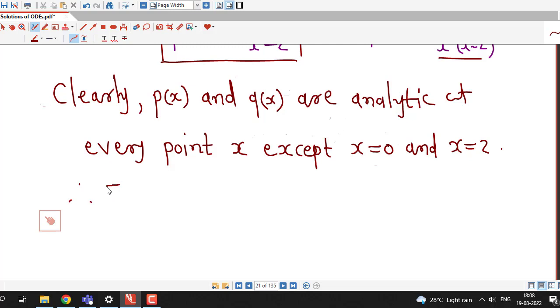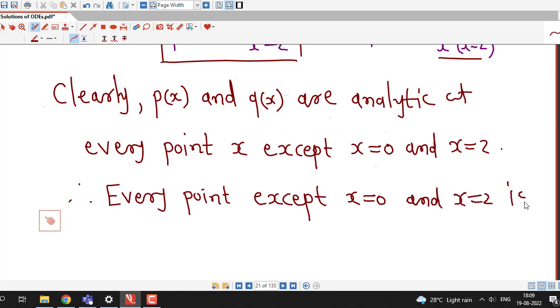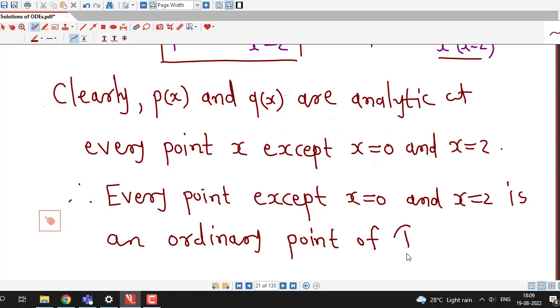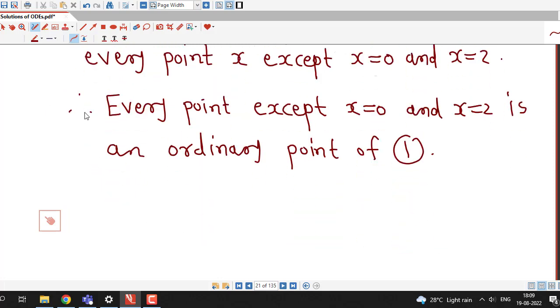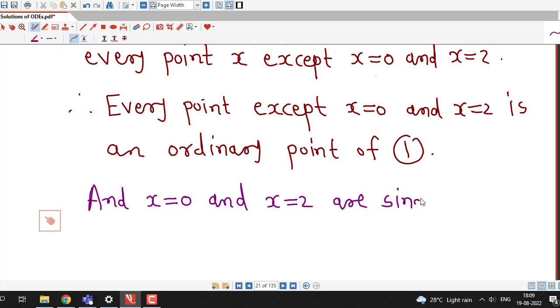Therefore every point except x equal to 0 and x equal to 2 is an ordinary point of given equation 1, and x equal to 0 and x equal to 2 are singular points of given equation number 1, because p(x) and q(x) are both not analytic at these 2 points.